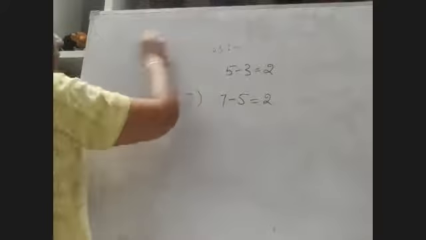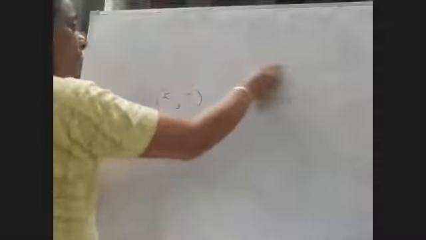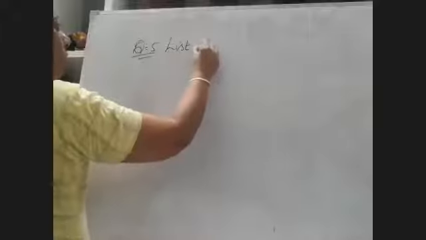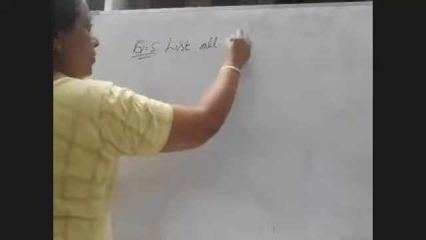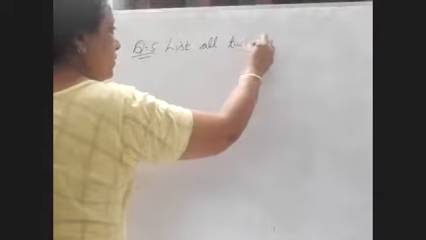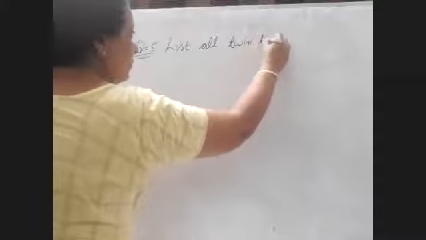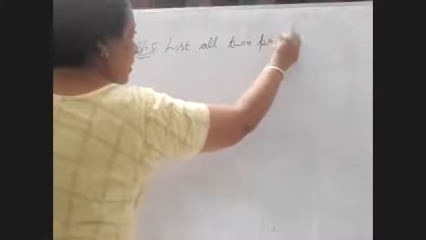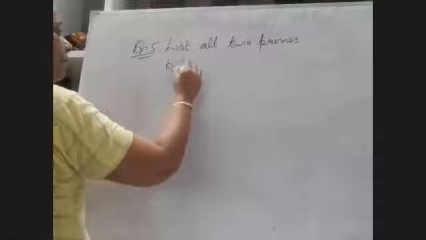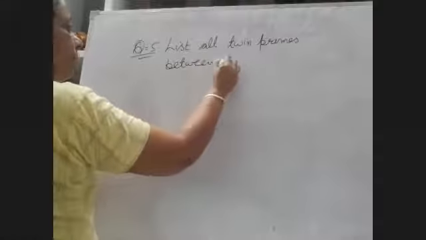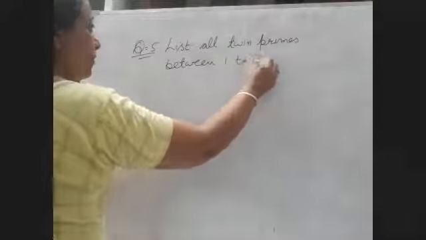Now, fifth question. List all twin primes between 1 to 50.